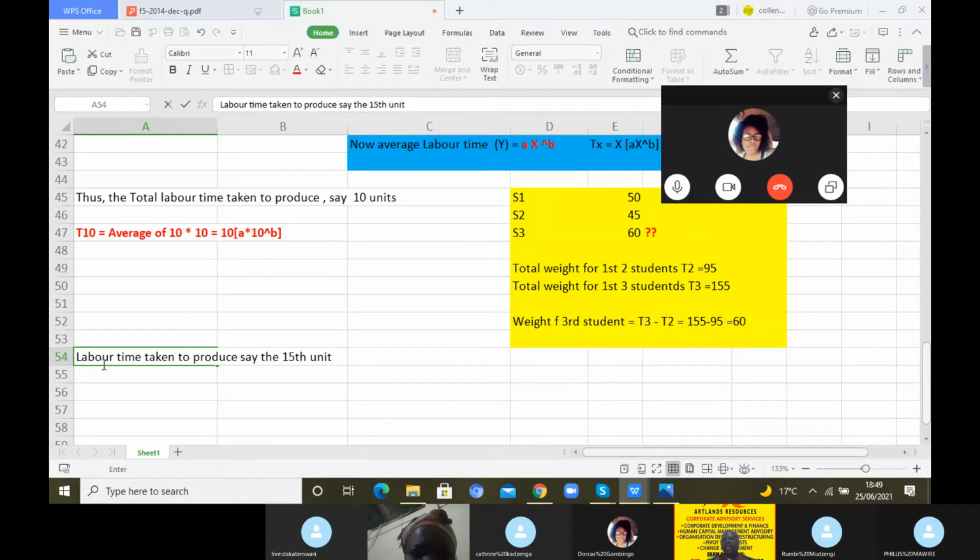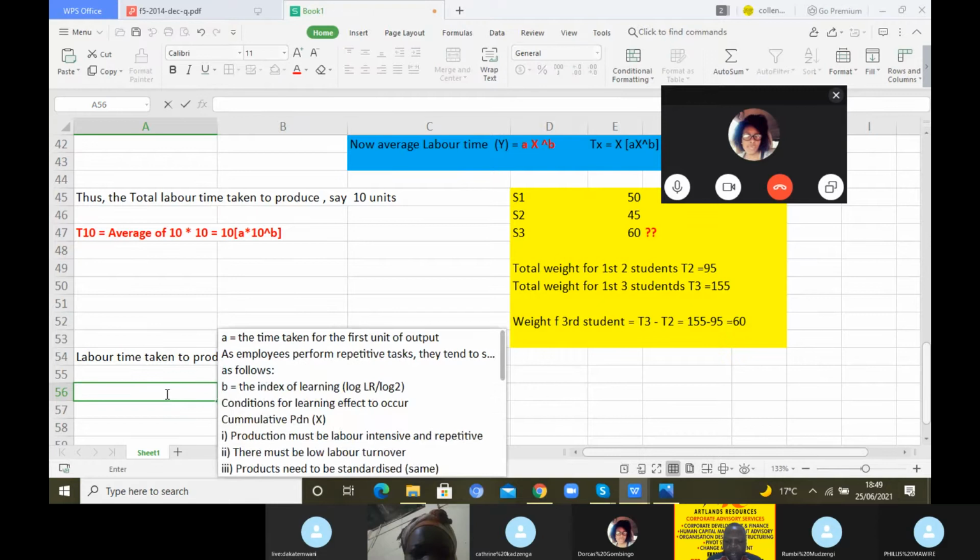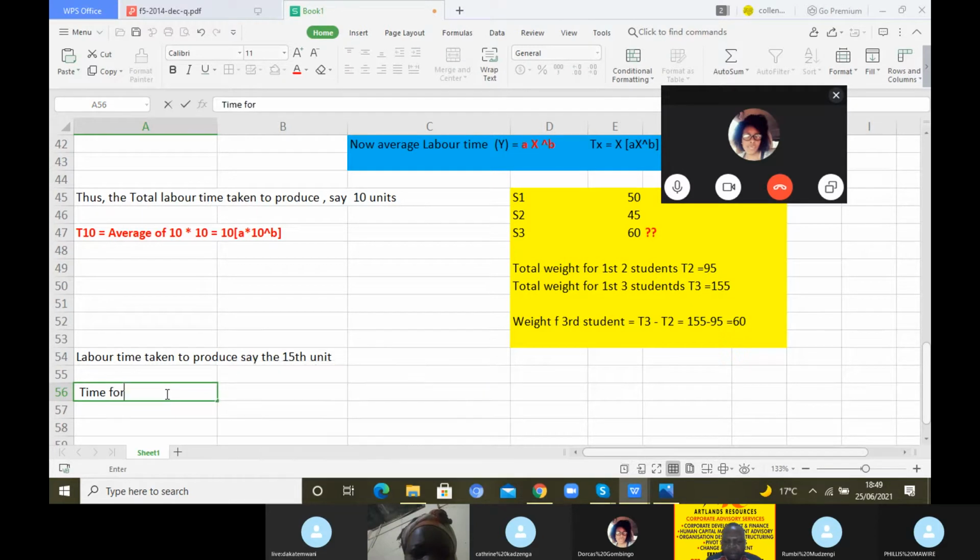If you want to find the labor time taken to produce the 15th unit, you simply say time for 15th equals total time for 15 minus total time for 14. Total time for 15 minus total time for 14. That gives you time taken to produce the 15th.